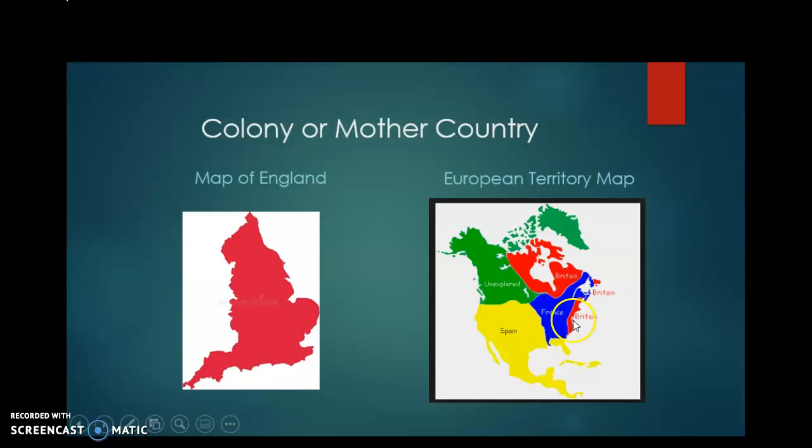So they would pick all that tobacco here in the colony, and then they'd ship it back to England, where it's taken and hand-rolled into some very nice cigars. And then it's sold back to the colony for a higher cost. So that's our colony and that's our mother country.